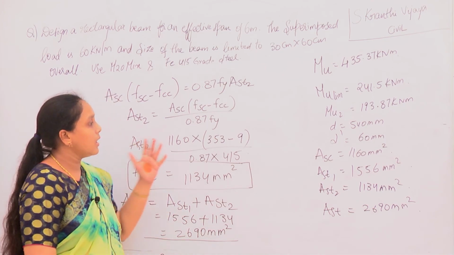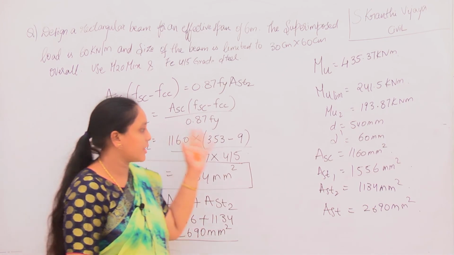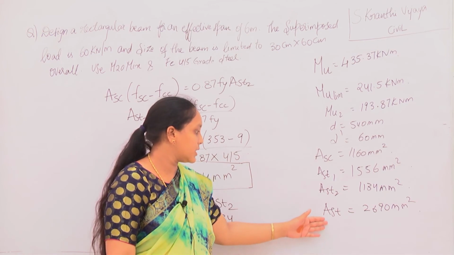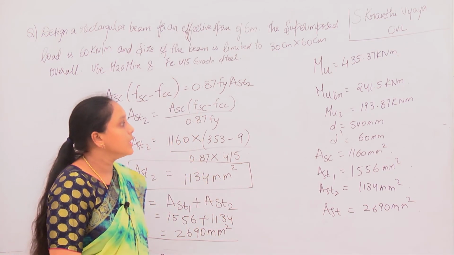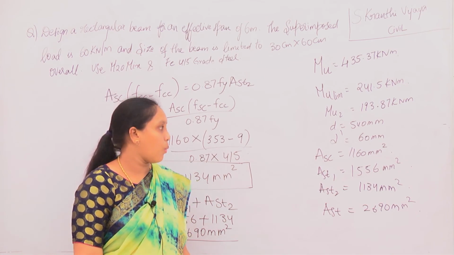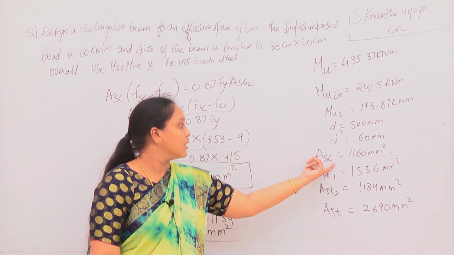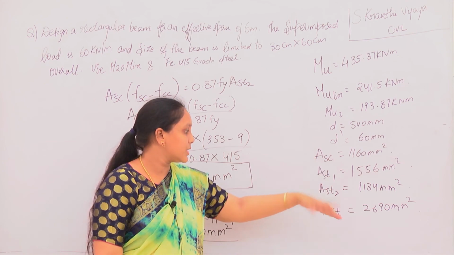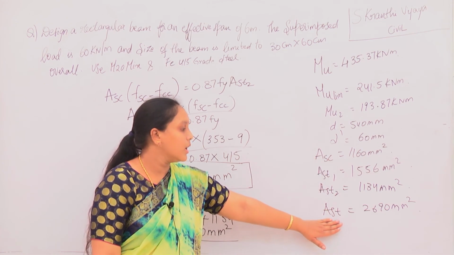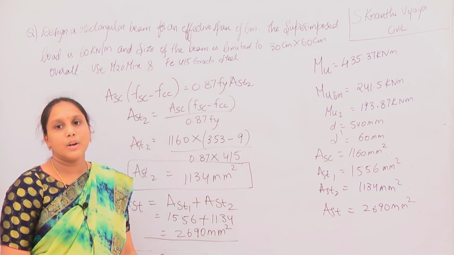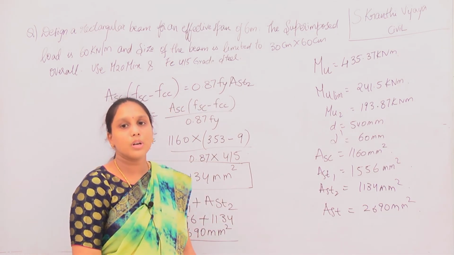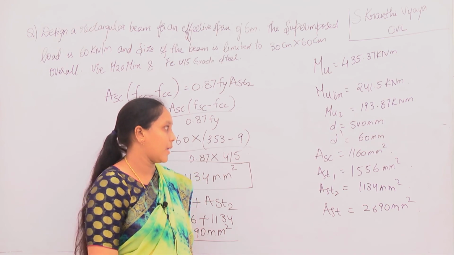Now I know the effective depth, the area of compression steel and the area of the tensile steel. Now I will find out the number of bars required for this particular compression steel and the number of bars required in the tensile zone. So for that, I will assume a suitable diameter of the bar.